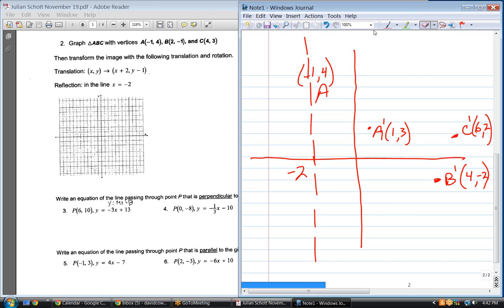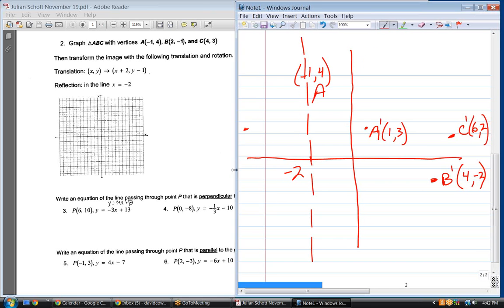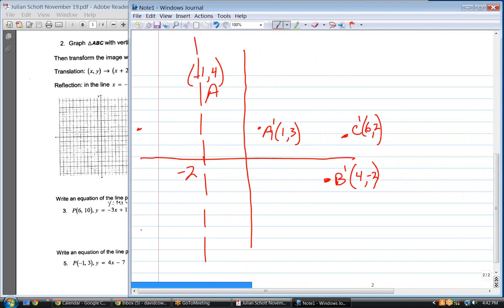Somewhere over here, that's not going to work, is it? We'll just have to make do. Somewhere over here, what are my coordinates of A double prime?